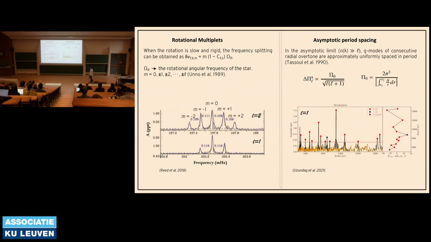Another method is the asymptotic period spacing. Basically, in this method, all the modes are equally spaced in the period domain. What I'm showing you here is one star from the TESS mission. All these modes are equally spaced, and the dipole modes are shown by red dots. So every 250 seconds, there is one pulsational mode that is equally spaced.